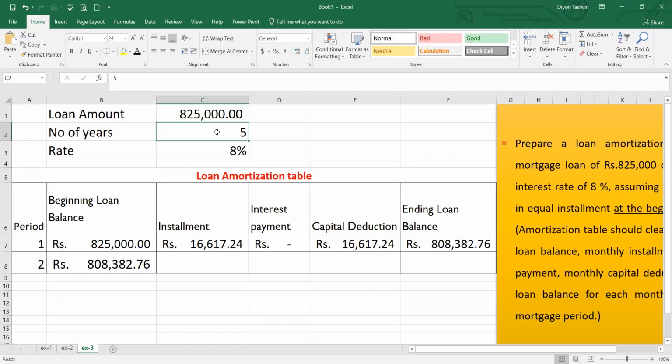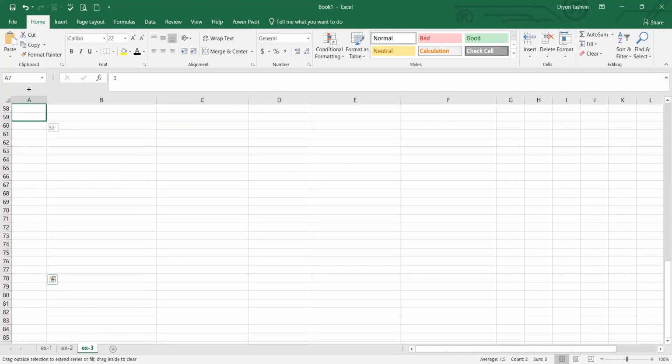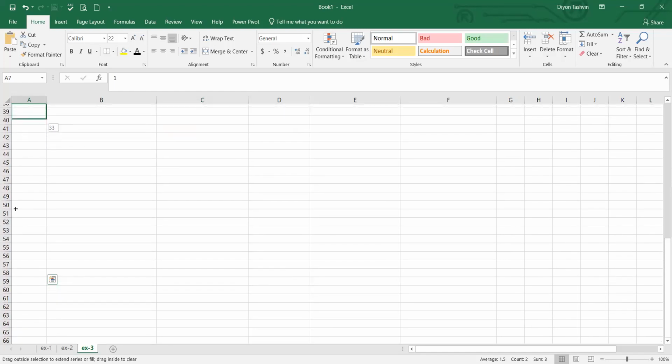Now, this loan amortization table should be prepared for 5 years, which includes 60 months. So first we have to select these 2 months, then we use the auto filling option, and we drag it up to the 60th period. On the 60th period, we can stop it.